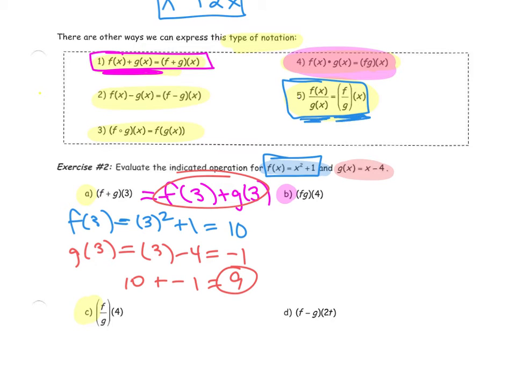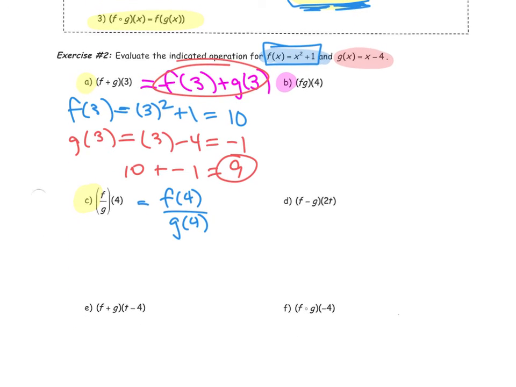So we can just rewrite this as f of 4 all over g of 4. And now we're just going to start to plug in. Well, we know f of x is right here. So I have f of 4 is going to equal 4 squared plus 1, which is 17.